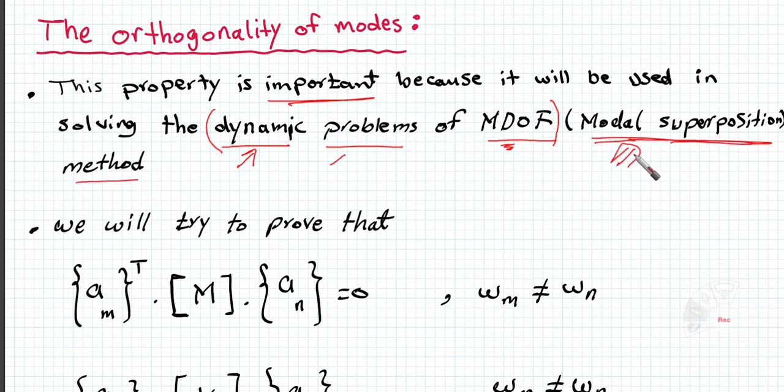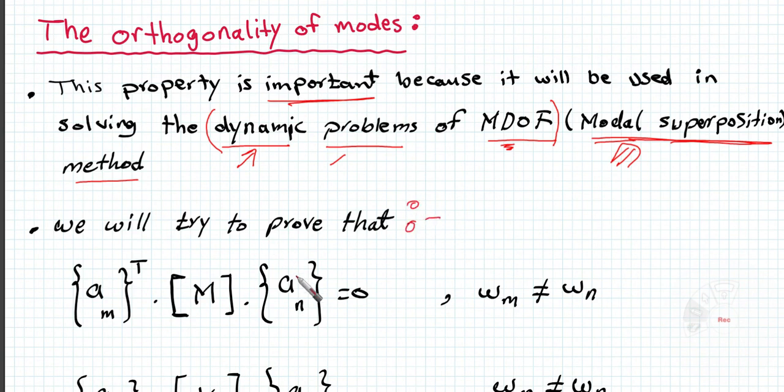So this is the main reason why we are going to use this orthogonality condition, and I'm going to tell you in particular why we need to understand it and why we want to prove this condition, but later on, when we are going toward the end of the proof. Okay, now what do we want to do from this orthogonality of modes? We want to prove the following, okay?